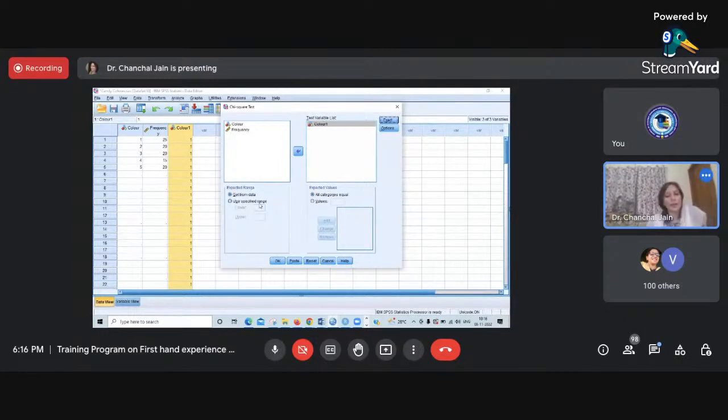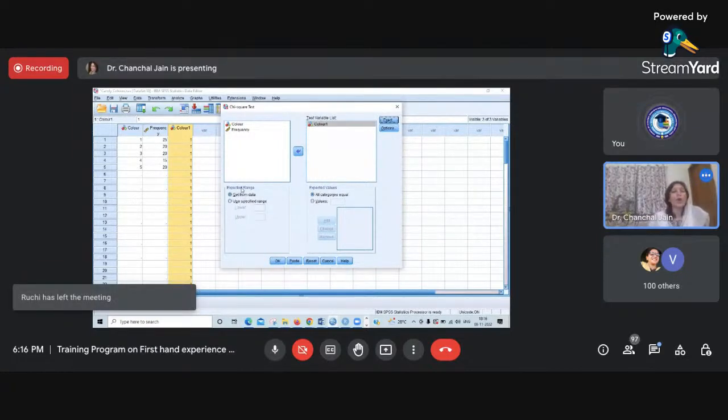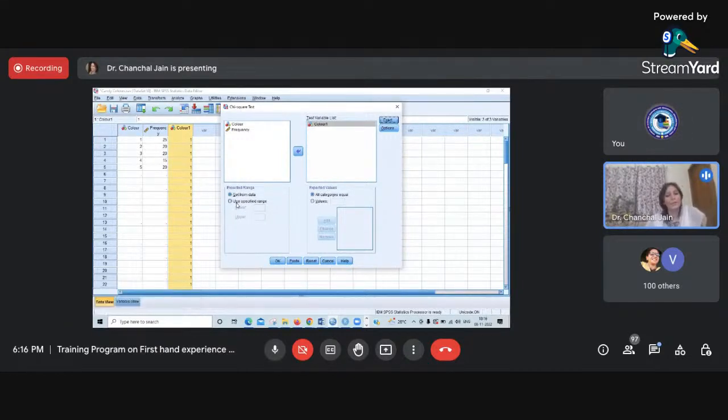For the expected count or expected frequency, SPSS gives us two options: whether we want to get the expected frequency from the data only, or whether we want to specify a particular range. By default the option is get from the data only, so I think we should always go with this. According to the data, we will get the expected frequencies.